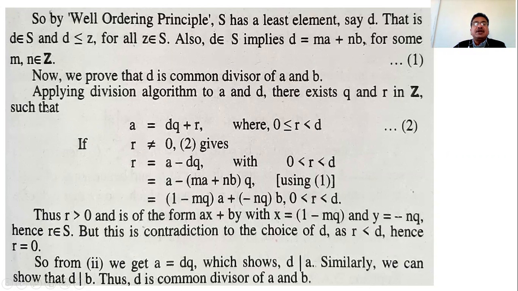So suppose m and n exist such that d = ma + nb, because d is an element of S, and every element of S is of this form, that is, a times some integer plus b times some integer. So take those integers as m and n, or any other notation.